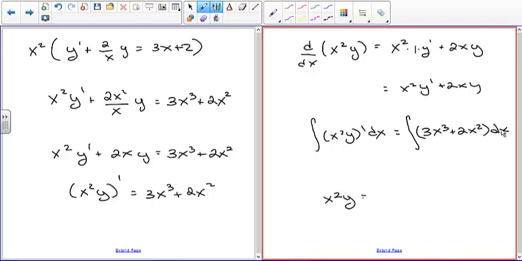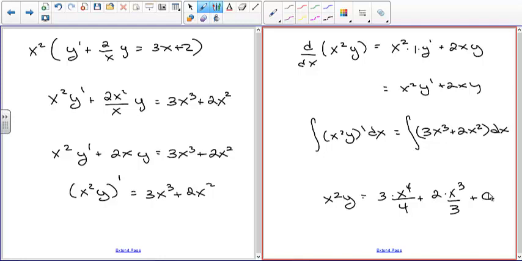And the right-hand side, we just use our normal integration rules. So we're going to add 1 to the exponent, divide by the new exponent, add 1 to the exponent, divide by the new exponent. This is where the arbitrary constant comes into play. So we finally do have an arbitrary constant, but that took a while. And now all we have left to do is solve for y, and we've solved the equation, which we will do tomorrow.